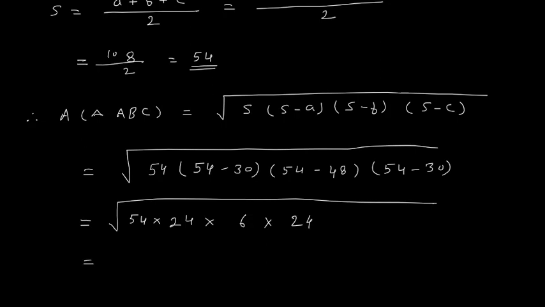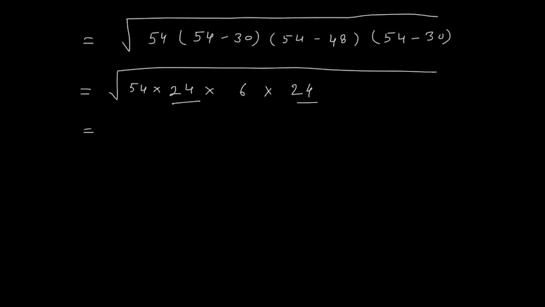Now this 24 I can take out. Inside the root, 54 is written as 2 into 27, and 6 can be written as 2 into 3.